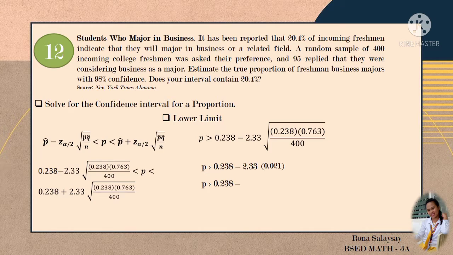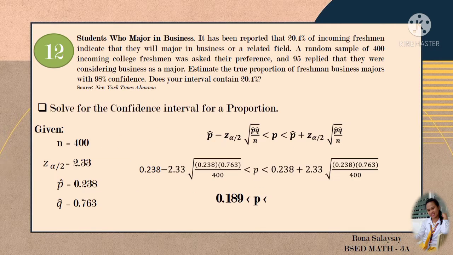Next is to get the product of 2.33 and 0.021. So 2.33 times 0.021 is just equal to 0.049. Then subtract 0.049 from 0.238 and it is equal to 0.189. Therefore, for our lower limit, we have 0.189.